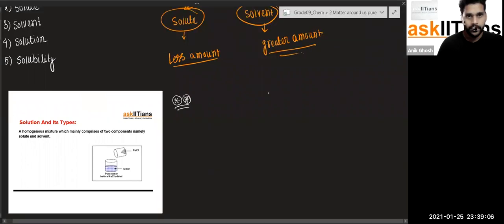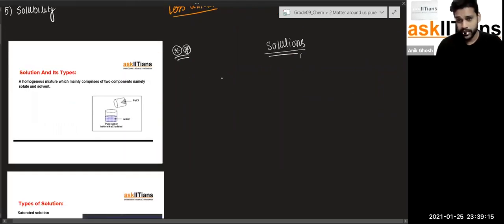How many types of solutions are there? There are mainly three types of solutions, okay? One is saturated, another one is unsaturated.